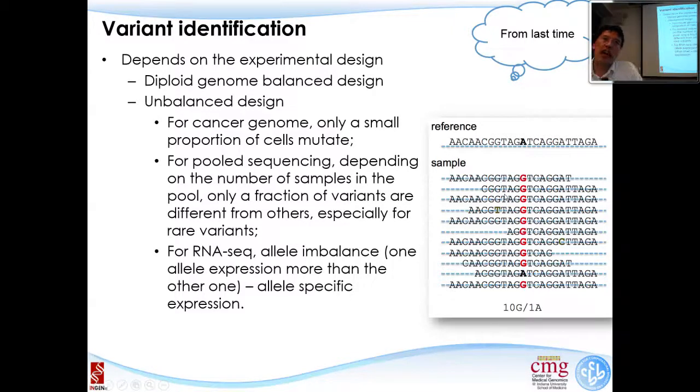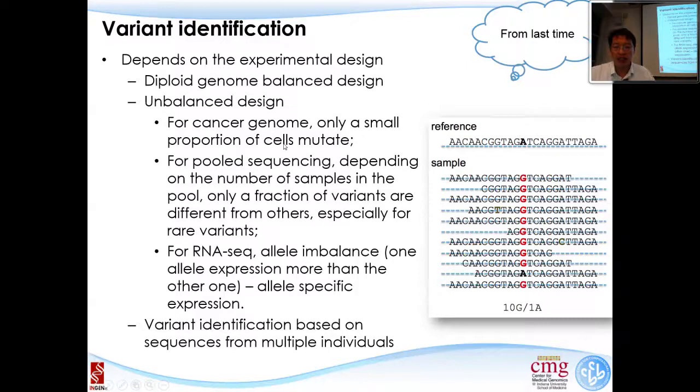So if this is RNA sequencing, you may think this potentially is a diploid genome, which at this location is a heterozygous variant, A or G, but the G allele expresses at a much higher level compared to the A allele. So this potentially can be the unbalanced design.